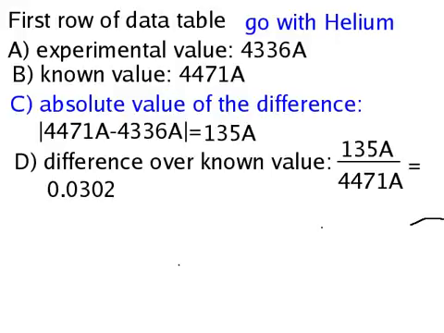Okay, so now for the last column, E, since we have the fraction the difference is of the known value, if we multiply that by 100, we get the percentage. So A, B, C, D, go with E, and I might change the color. So E, multiply by 100 to get the percentage.